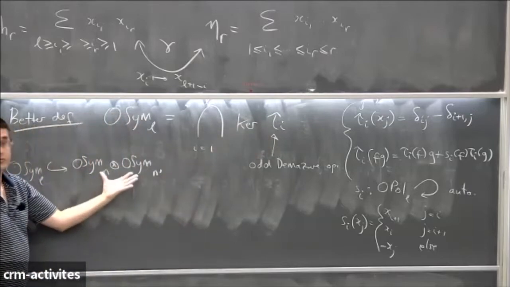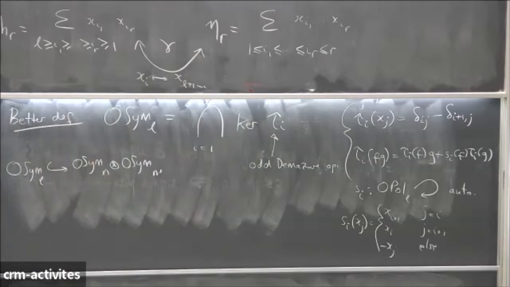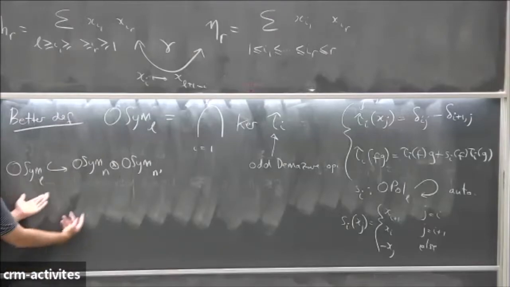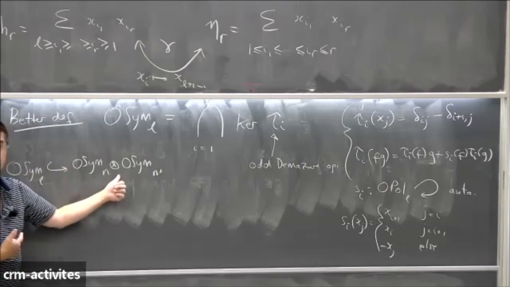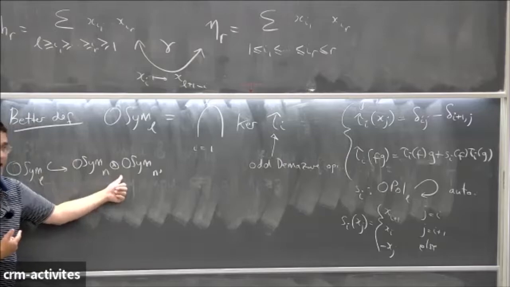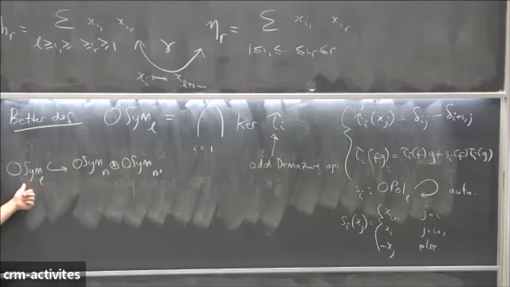And that gives you this natural analog of what we called S_n cross S_n' invariance before. This guy, OSym_L, sits inside OSym_n tensor OSym_n', just as you take the kernel of tau_n and you get this guy cut out as a subalgebra. So this is exactly analogous.